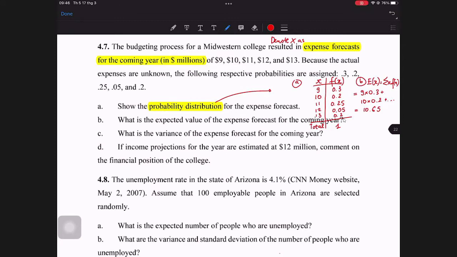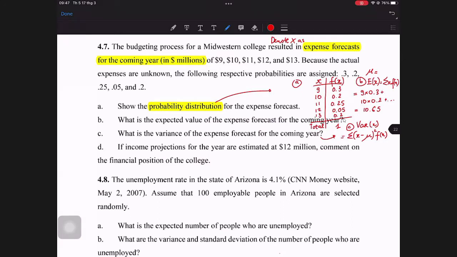For question C, very simple. We also have the formula to calculate the variance by taking the sum of (x minus mu) squared multiplied with the probabilities. And remember that the mean here is actually the expected value, the long-term average.